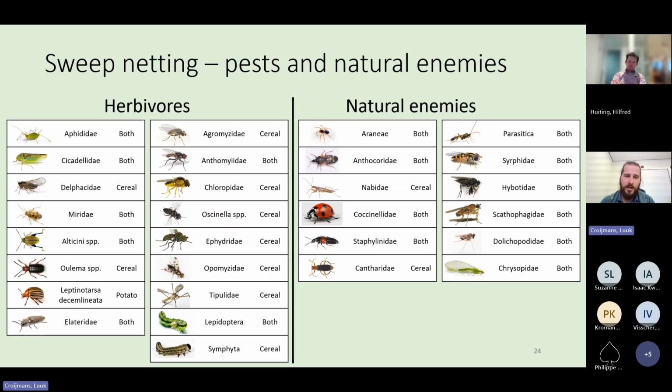So I'm showing them here. You don't have to remember them for the exam, but I just wanted to show that for all these species, we could separately look at how strip cropping affected them. So we don't only look at how many in total, but also at these separate groups, and see if there are species that are responding in different ways.